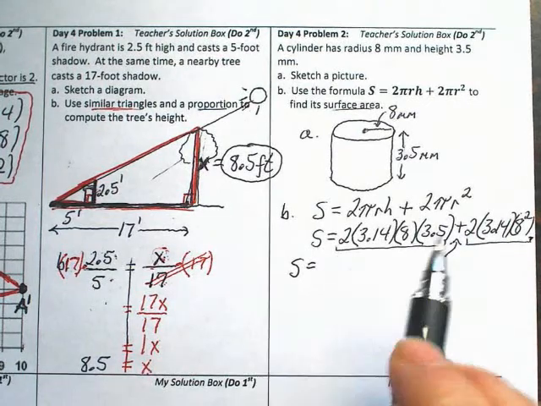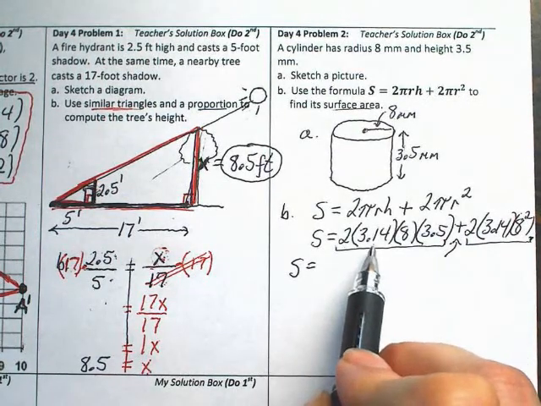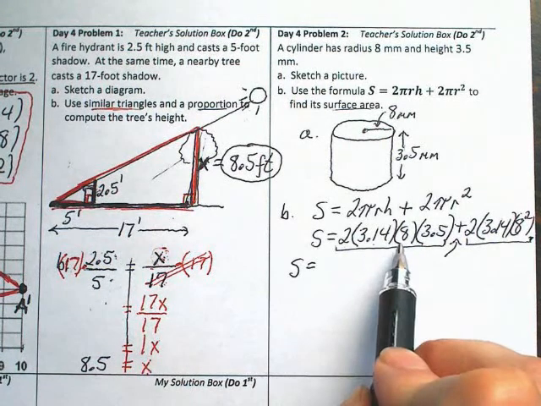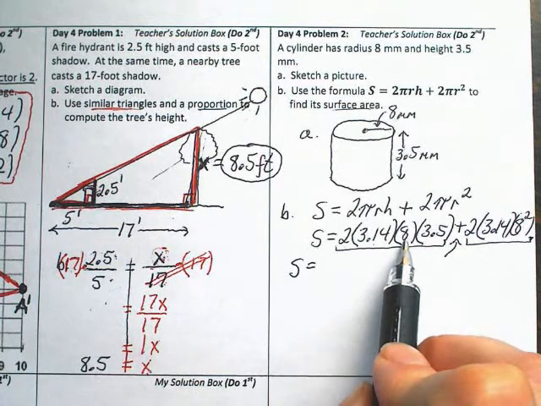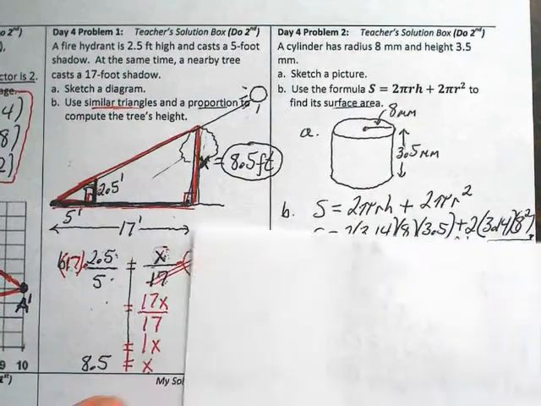Okay. Now this first piece, 2 times 3.14, that makes 6.28. And we can then multiply the 6.28 by 8. So let me grab a piece of scrap paper and we can figure out what that makes.